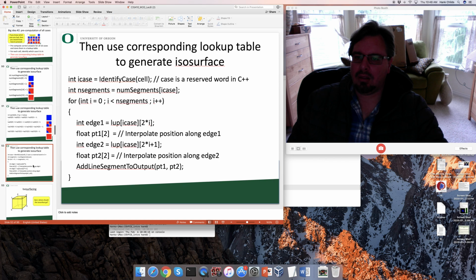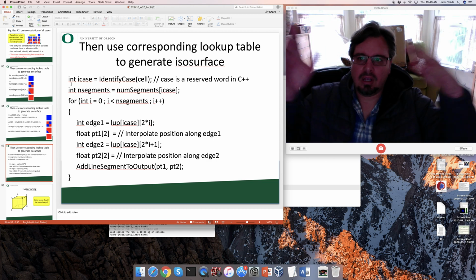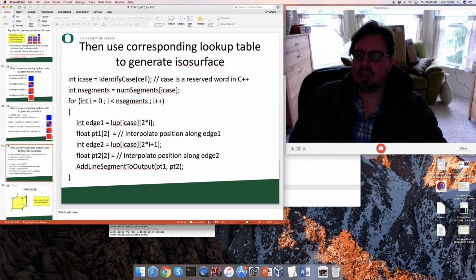And then the final step was, we already saw before there was a big for loop over all cells, and then this is the case to handle a single cell. We identify the case. That means we look at the vertices and figure out whether the values are low or high and build up our binary number to get, for example, 14.